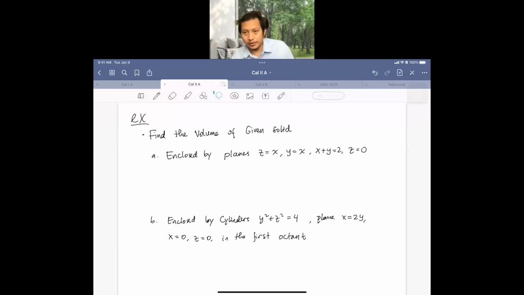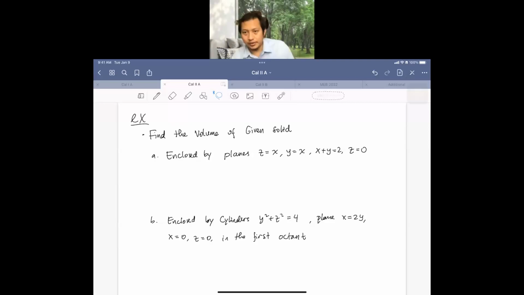I hope you are trying your best. First thing you need to do is imagine the graph, right? So drawing or sketching the curves, at least the area part, is, I think, an essential part in double integral.